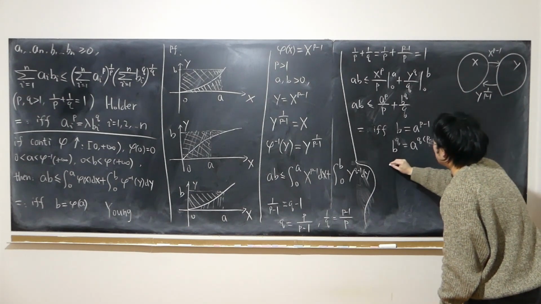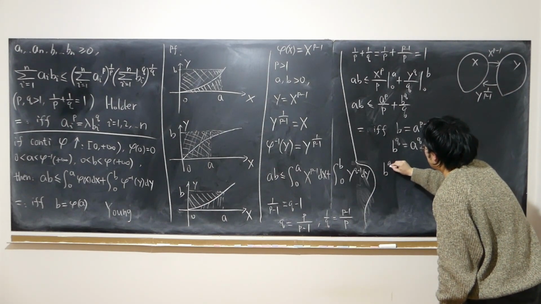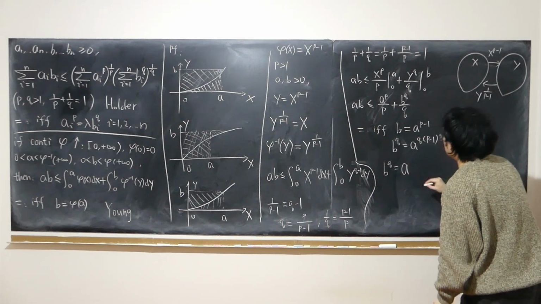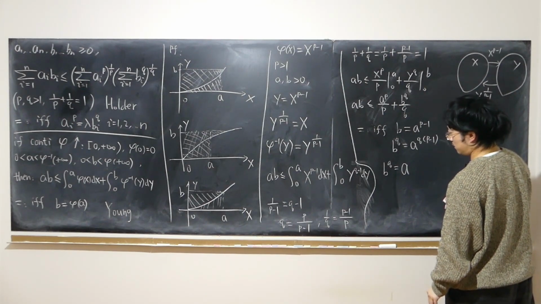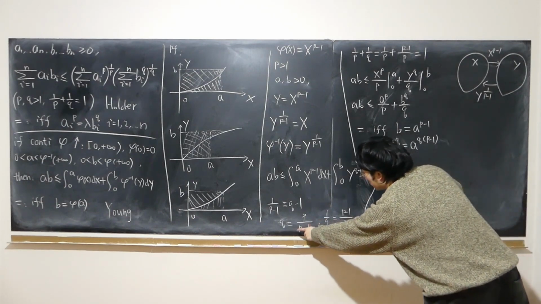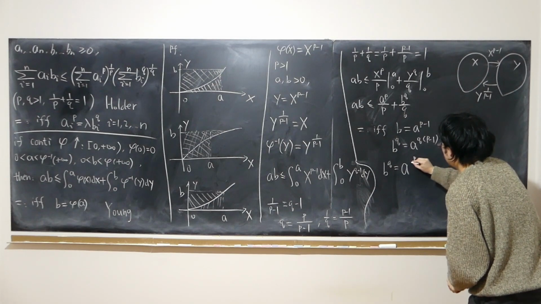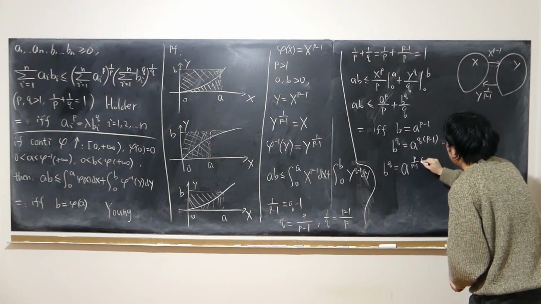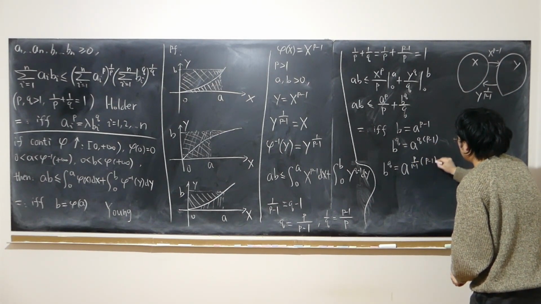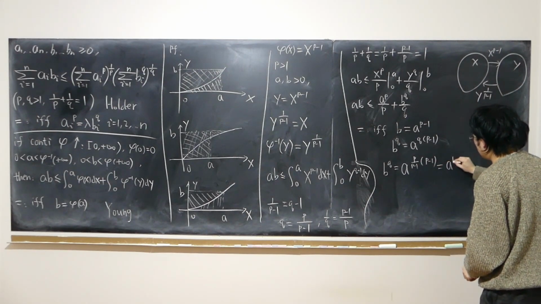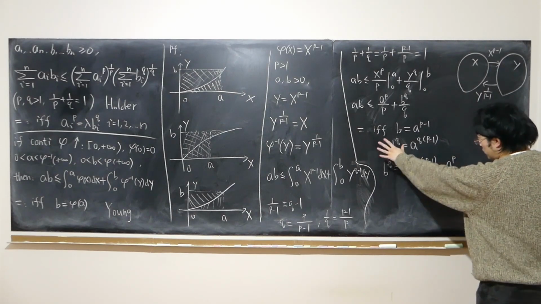So in other words, when b to the power of q equals a to the power of, like I said, what is q? Q is equal to p over p minus 1, right? P over p minus 1 times p minus 1, right? So they just cancel out, equal to a to the power of p. All right, so that's when the equal sign holds.